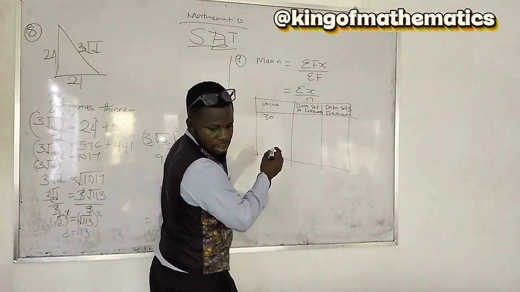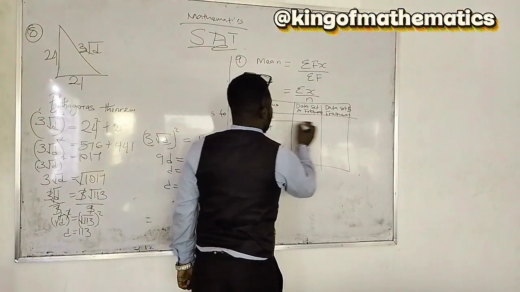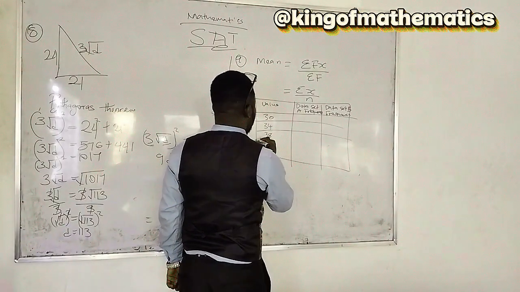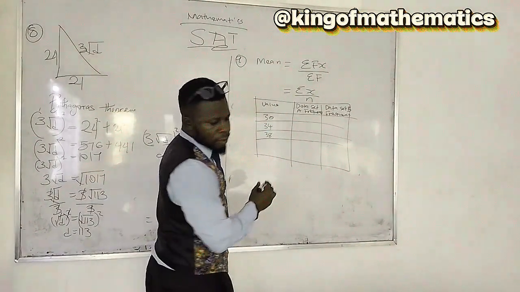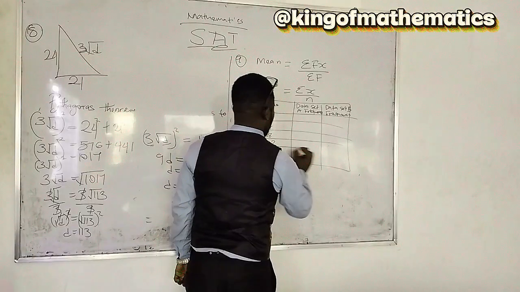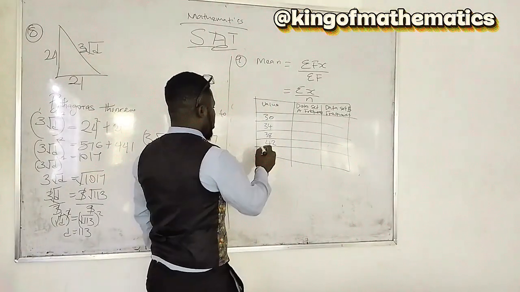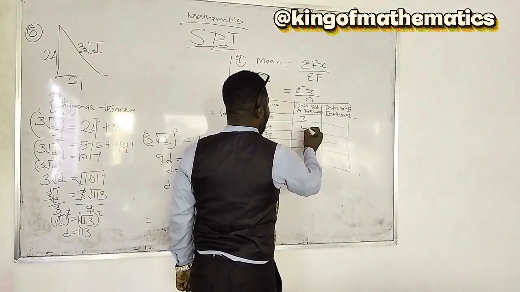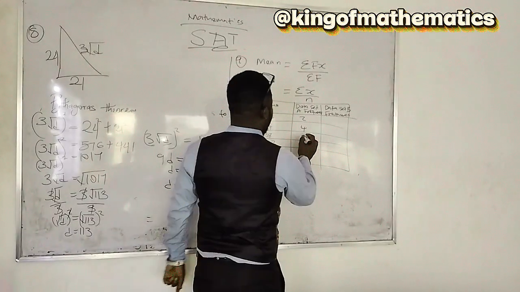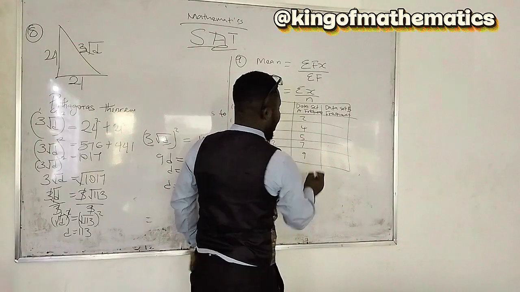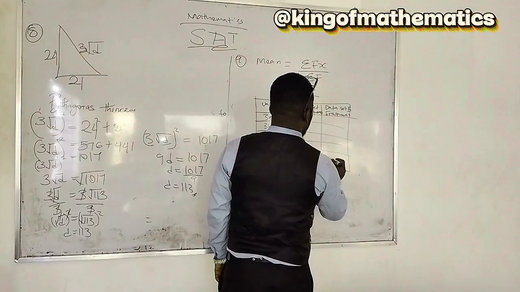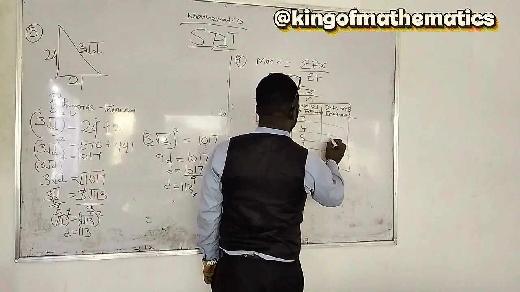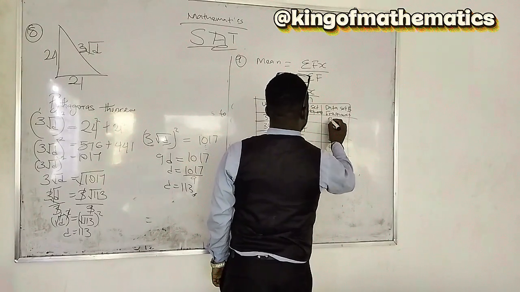The values are 30, 34, 38, 42, and lastly 46. So frequency was given to be 2, 4, 5, 7, 9 for A. The other one is taking from 9 here: 9, 7, 5, 4, 2.